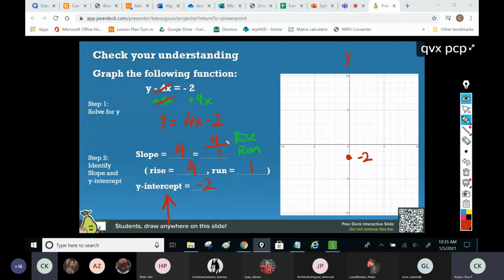So rise is 4 units. That means I'm going to go up 4 units. That gets me right here. And then run across 1 unit. That will get me right here.